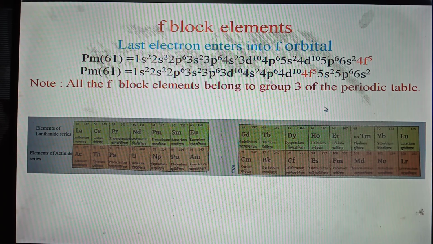In the periodic table, all these elements are placed in group 3. We have no detailed study about the f block elements at school level. We will study f block elements in detail at higher levels.